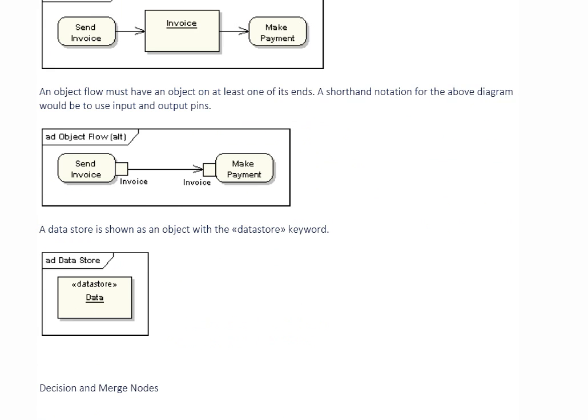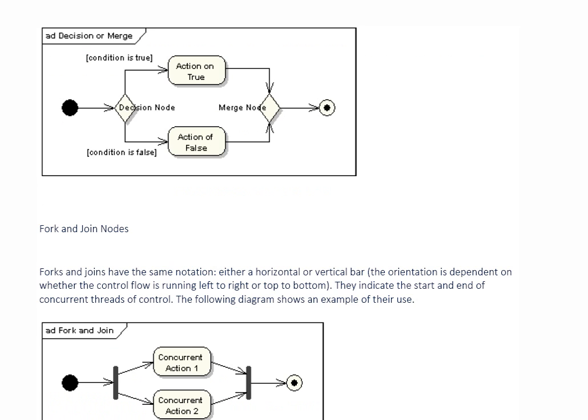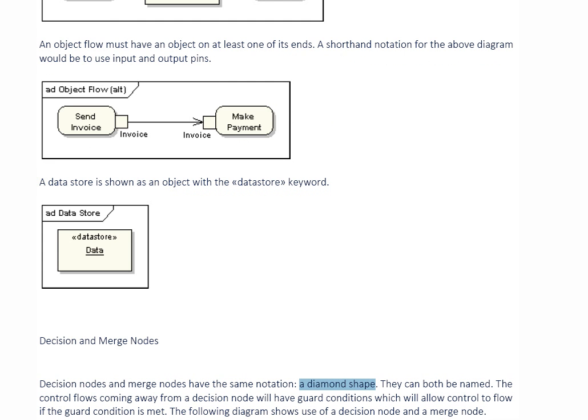Decision and merge nodes. Decision nodes and merge nodes have the same notation, a diamond shape. They can both be named. The control flow coming away from a decision node will have guard conditions, which will allow control to flow if the guard condition is met.